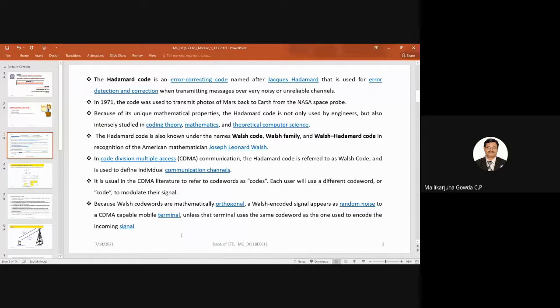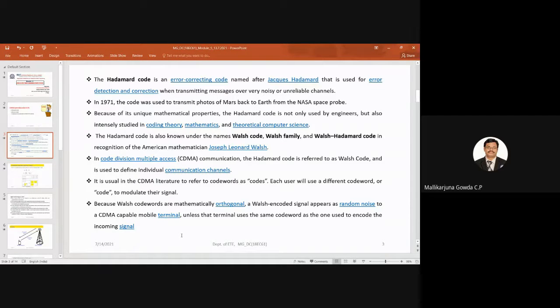It is especially used when the message is transmitted over very noisy or unreliable channels. So it is not used everywhere. It is used in a place where the channel is more noisy or unreliable; only in such places this type of code is used.